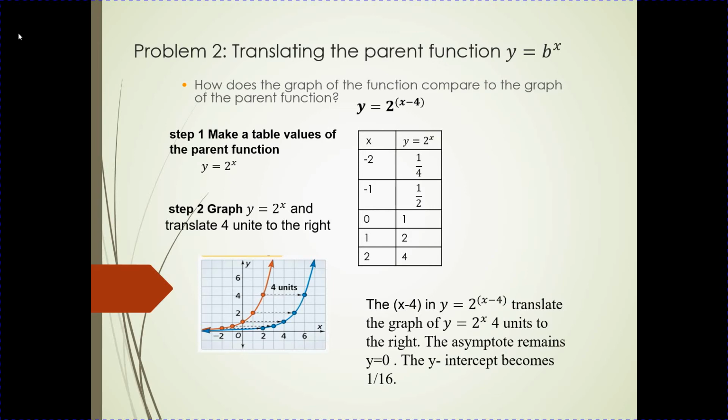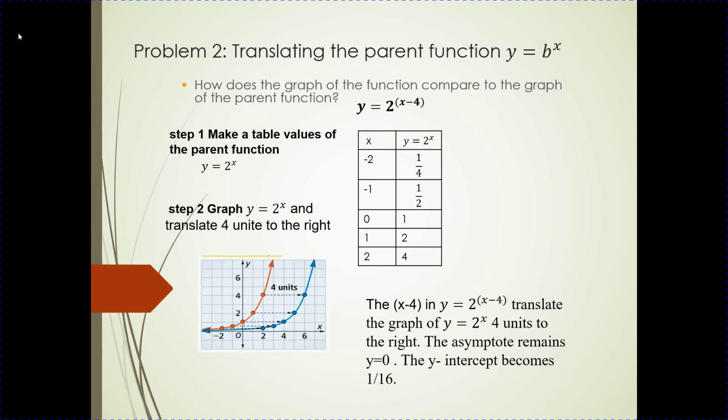In this case, the asymptote will remain the same, the x-axis, or y is equal to 0, and the y-intercept, the point where the graph crosses the y-axis, will change. For the parent function, the y-intercept is 1, that means when x is 0, y is 1. But for y is equal to b to the power of x minus 4, the y-intercept will be 1 over 16.